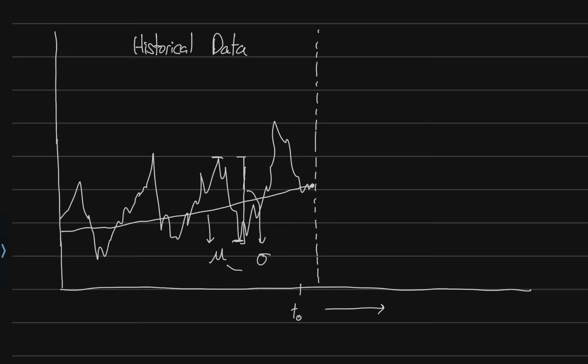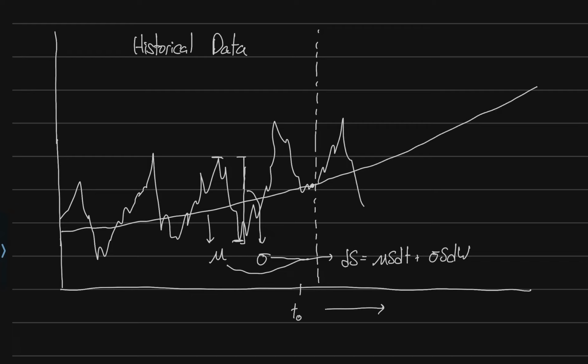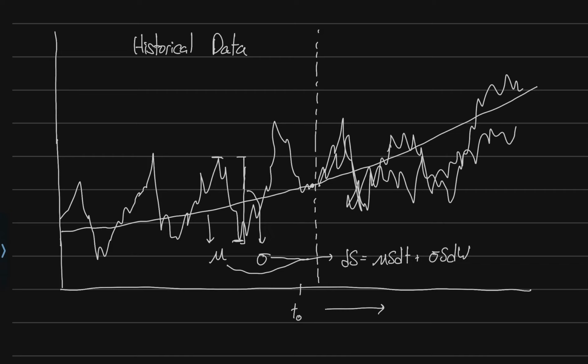Using these two, we can put them into our differential equation, and we can extend this depending on our volatility. We can get some sample paths of where this could end up.